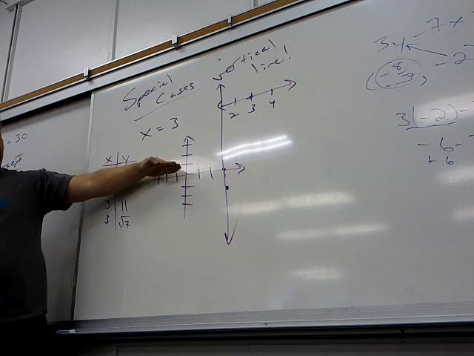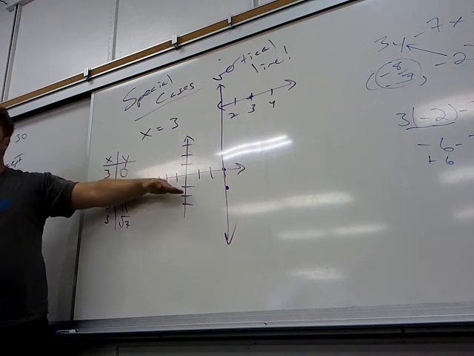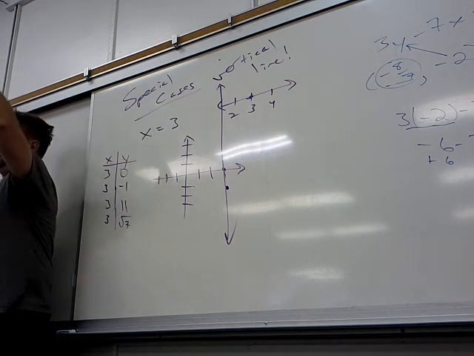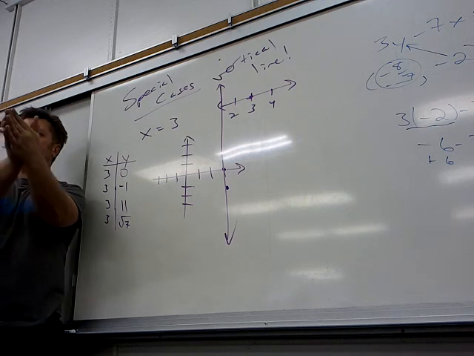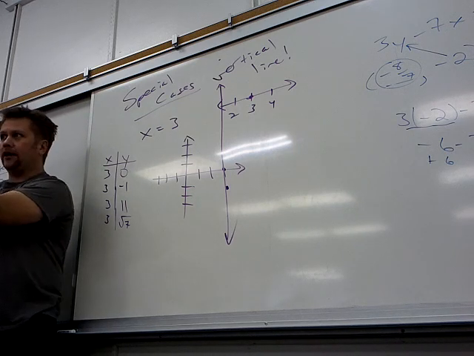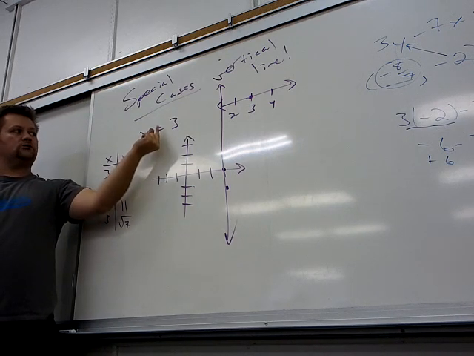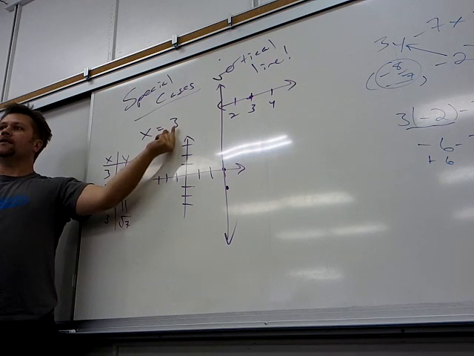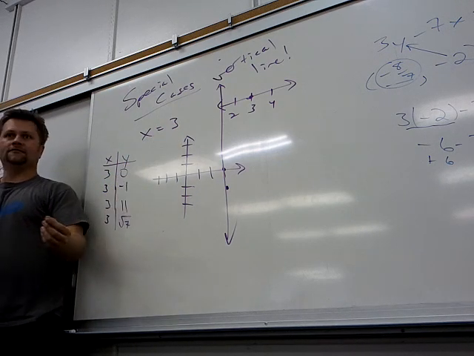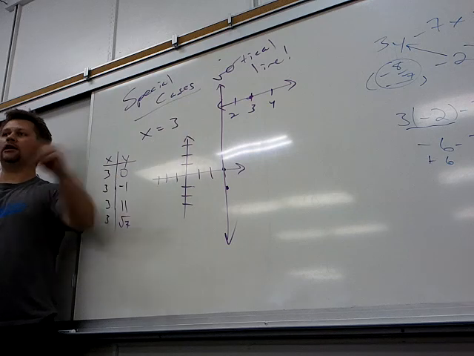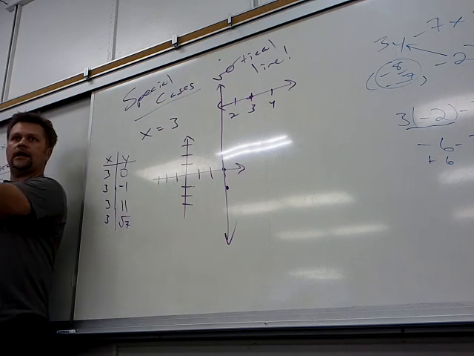If I change from y equals 0, y equals 1, y equals -1, I move up and down. When I change x, which way do I go? Left and right. So if this says x must stay 3, I can't move left and right. X can't change. I can only move up and down.